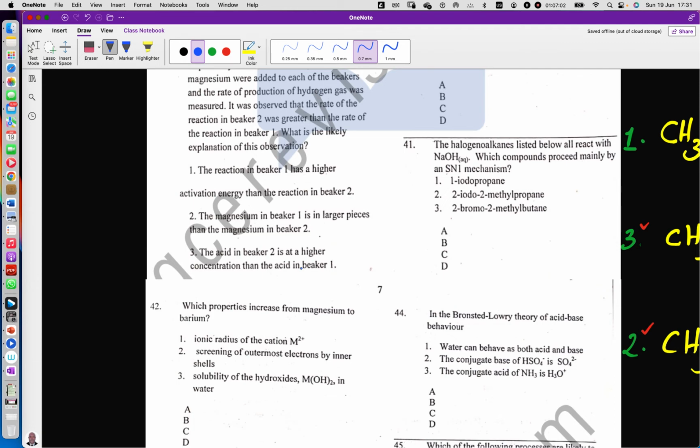No primary. Only tertiary and secondary. So we need to draw the structures of the halogenoalkanes and see which one is primary, secondary, or tertiary. Then we will select only the tertiary and the secondary, because these are the only ones that will undergo SN1 mechanism.